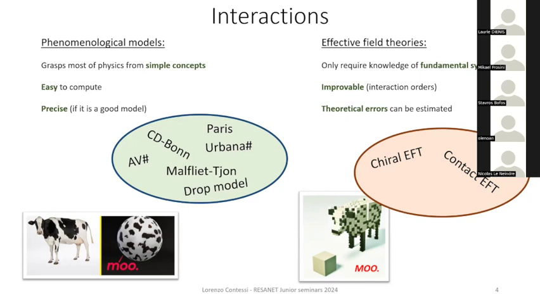And we have many different kinds of interactions that come with different ideas and different forms. For example, the famous Paris interaction. You have AV4, AV4 prime, all the Argonne interactions, CD-Bonn, all those are models. The problem of the models is that they intrinsically are connected with the idea of the physics that you are trying to understand.